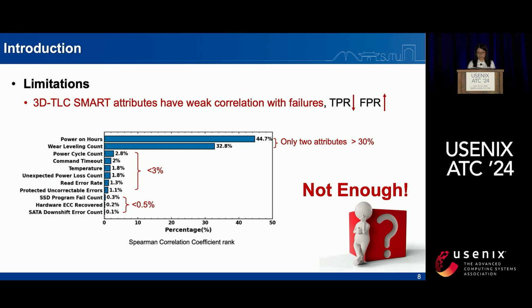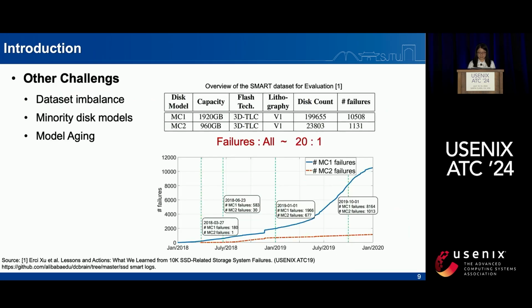It may bring bias to the learning model, hurt the prediction accuracy, decrease the true positive rate, and increase the false positive rate. This becomes the main limitation. Besides, there are several other challenges in disk failure prediction. This figure and table give us an example of facing the problem, including dataset imbalance, minority disk models that do not have enough samples, and model aging.